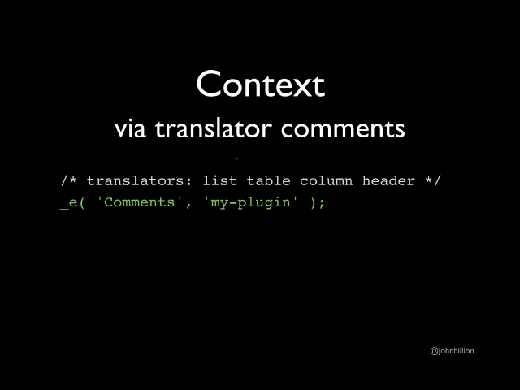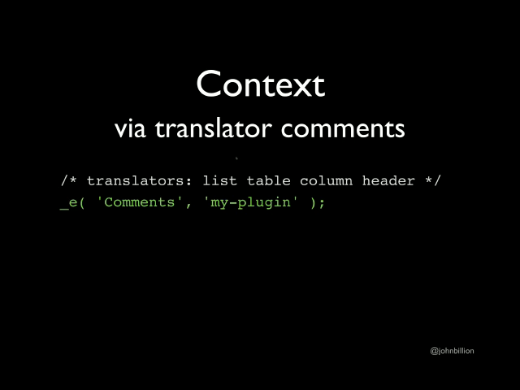So here again we've got the word comments, but on its own that lacks complete context. So in the comment above it, I put list table column header, and you could probably actually expand on that even better to make it really clear to your translators what this piece of text represents.